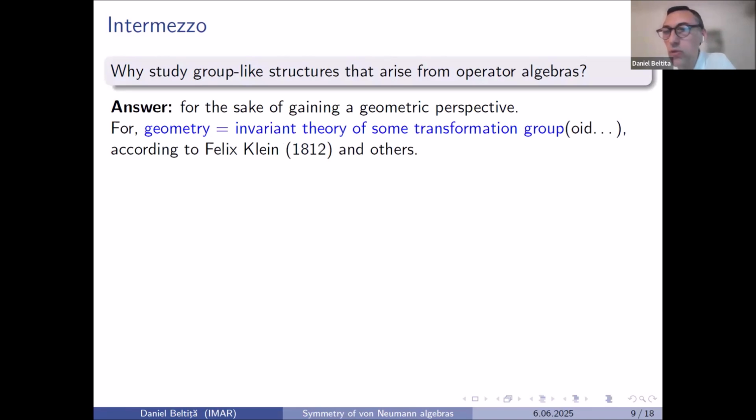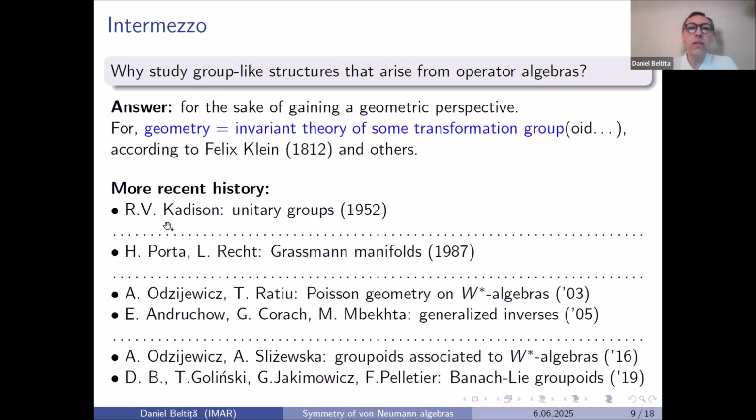And we could easily replace the group by a groupoid because groups are not enough for several purposes. So from this point of view, every group-like structure constructed out of an operator algebra provides some geometric perspective on that operator algebra.